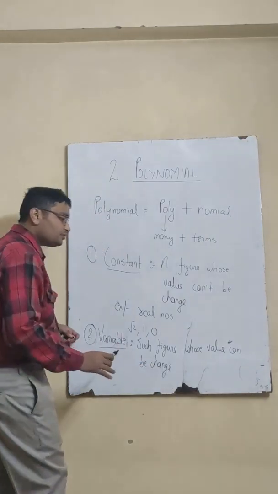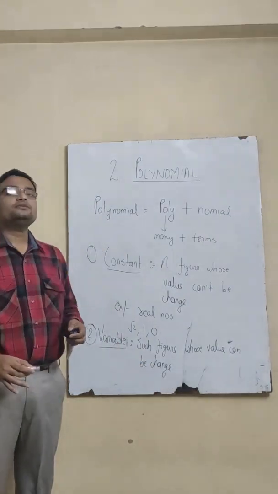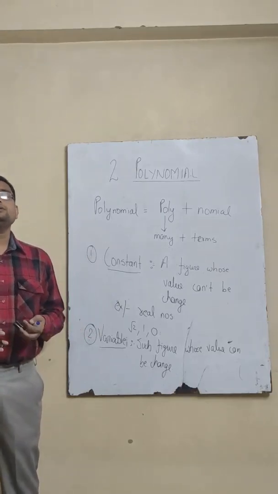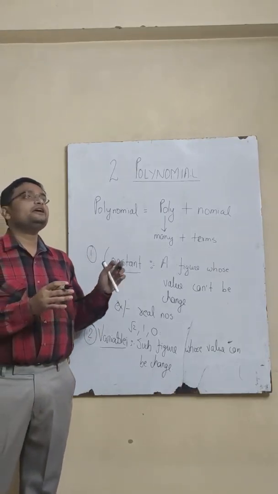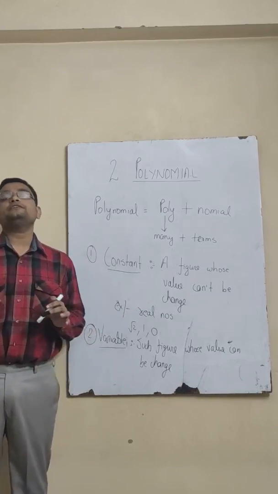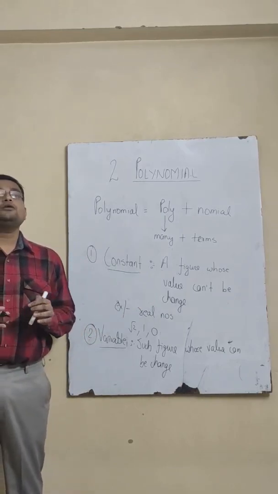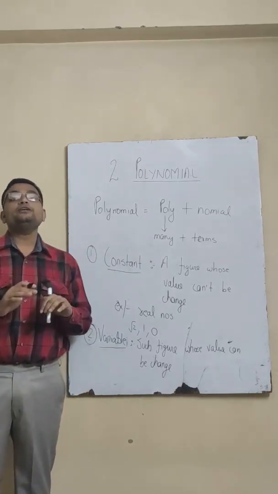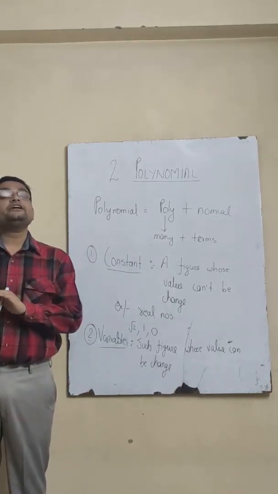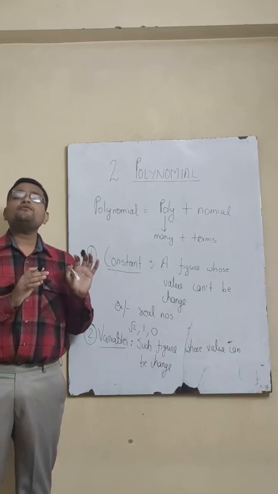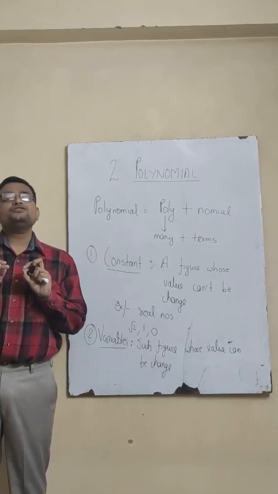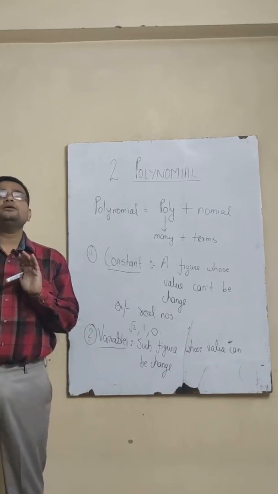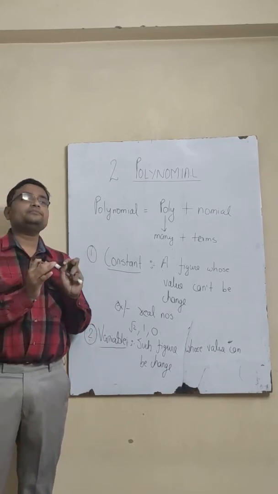While you were studying in lower classes, in class 6 and 7, in the unitary method you solved lots of word problems. Let's suppose the age of the father is this much, then what is the age of the son? Or if one man can do the work in one day, then how many days will be taken by 10 men? In that type of word problem, you generally take, let the father's age be x, let the work done by a man be x.